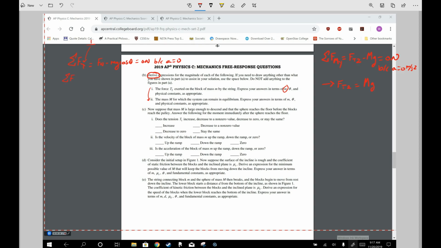The sum of the forces in the x, which remember we said is the parallel direction, equals, well, I guess we should define for this ramp, positive x is up the ramp, just like positive y was up perpendicular to the ramp. We have Ft2 pulling up the ramp. In our diagram, we had Ft1 going down the ramp. And then we also have the sine of the weight of that going down, which all equals 0 for the same reason.